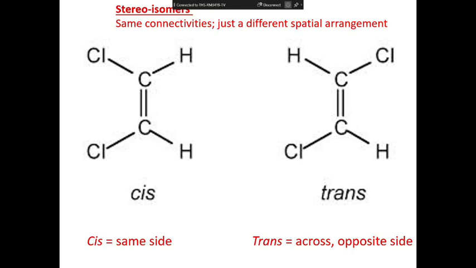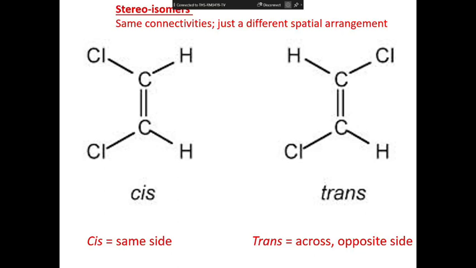So the first one we're looking at there, the one on the left, is called the cis isomer. So I made this model. I'll pass these around. Green typically represents chlorine when we're dealing with models like this. Black is carbon, like coal, and then white is usually hydrogen. So this represents a cis isomer.